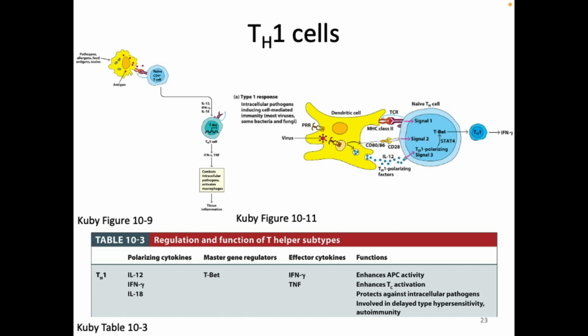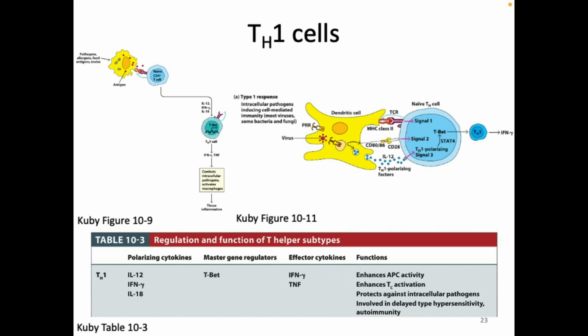Each of our helper T cell subsets helps by making a different cytokine. In this case, it's interferon gamma. So we need to think about, who cares about interferon gamma? What's it useful for? One of the things that interferon gamma can do really well is improve antigen presentation and activate antigen presenting cells.